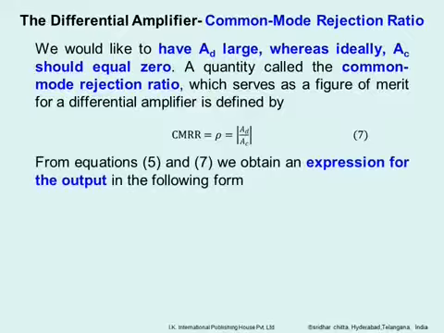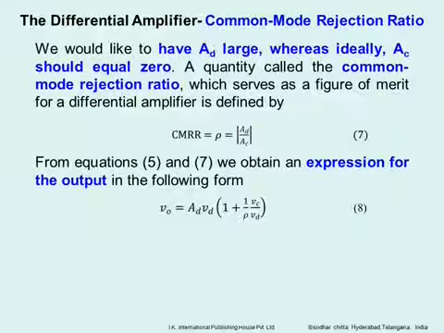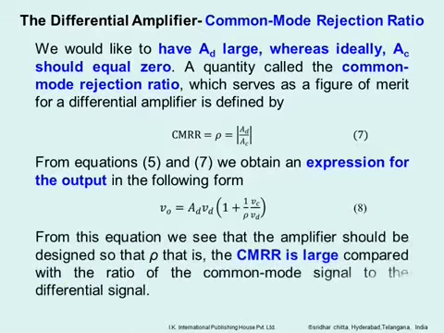From equations 5 and 7, we obtain an expression for the output in the following form: V output equals AD·VD multiplied by (1 plus 1 over ρ multiplied by Vc divided by Vd). From this equation, we see that the amplifier should be designed so that ρ, that is the CMRR, is large compared to the ratio of the common mode signal to the differential signal.